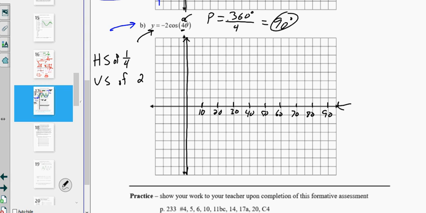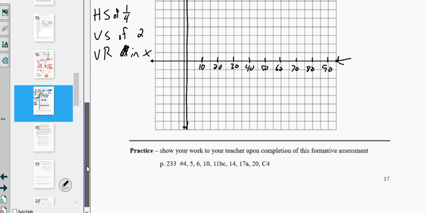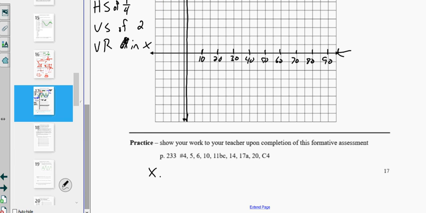And then we've got a vertical reflection, like in the x-axis. Okay, so what I think would be handy for you guys then, start out with a mapping notation, and then using these, figure out where all the points would be, and then sketch it out for me. Alright, so I'm going to let you guys do that.